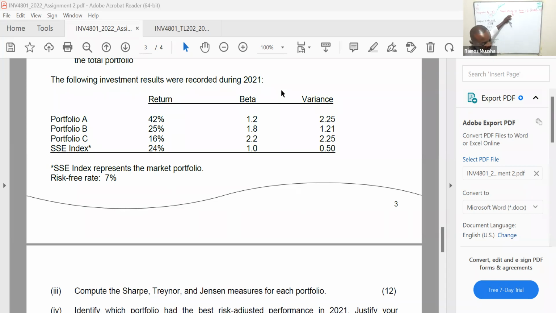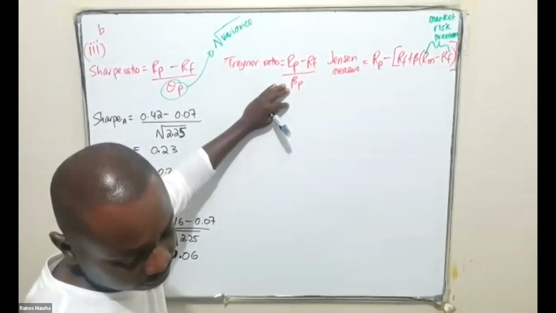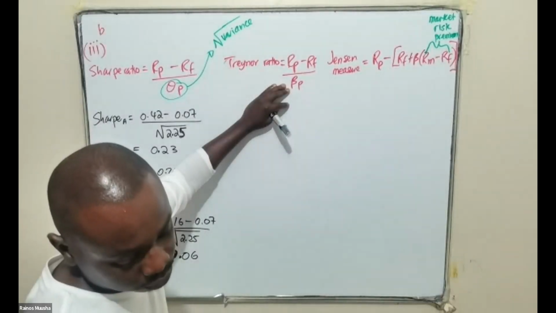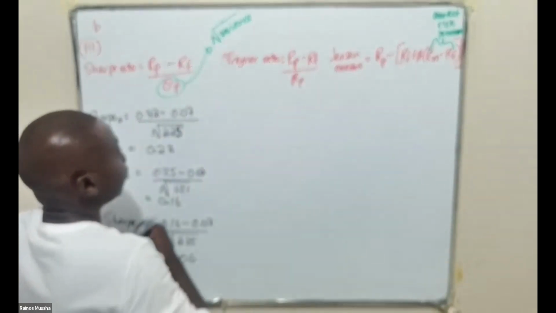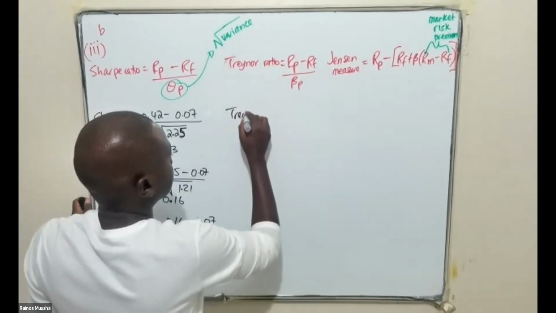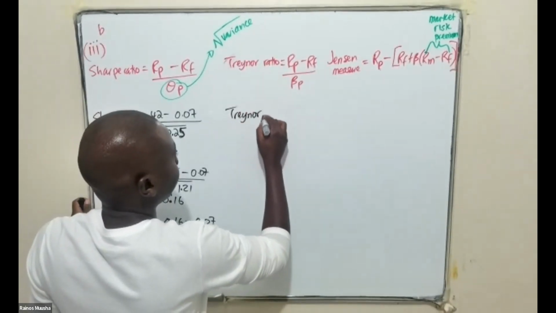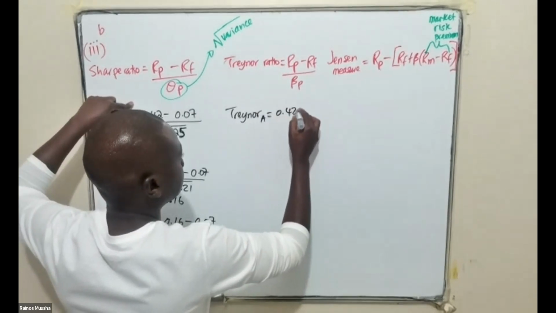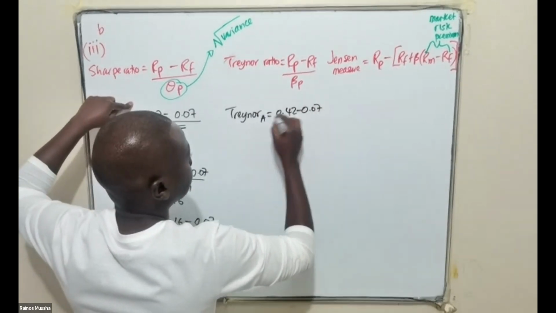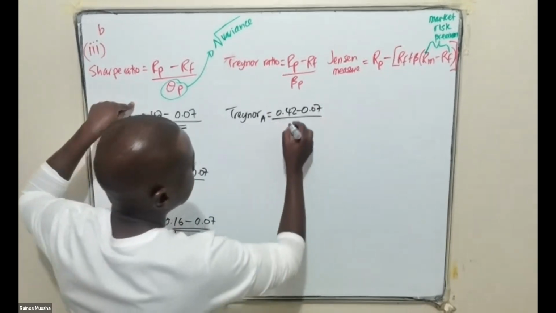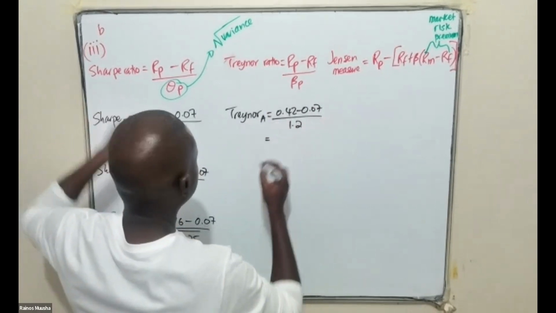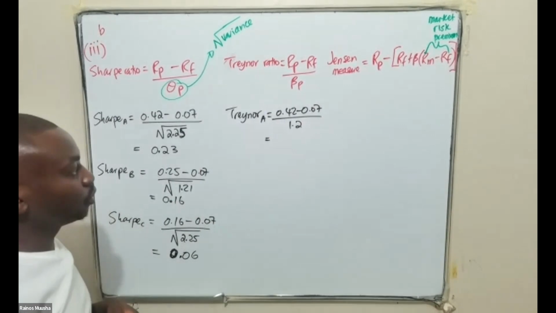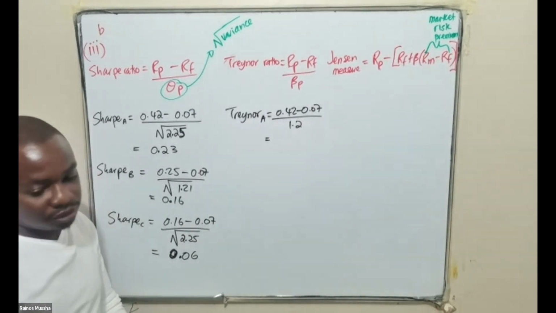On the numerator, everything else is going to be the same as what we did previously. So in this case, your Treynor ratio for portfolio A, the numerator is going to be the same, 0.42 minus 0.07, but your beta now is 1.2. So given this information, how much is your Treynor ratio?